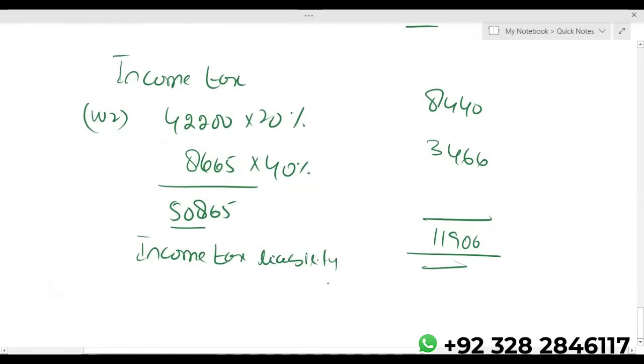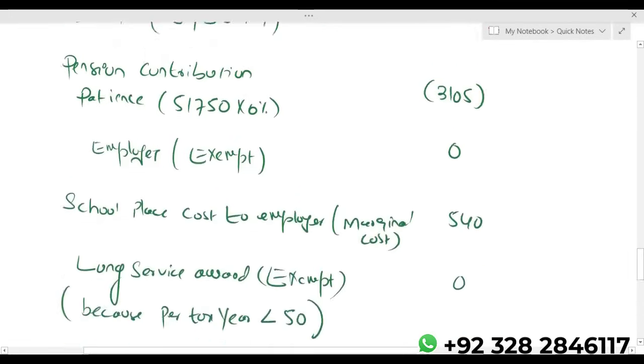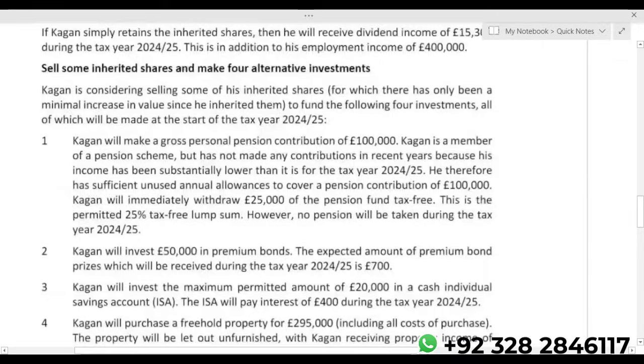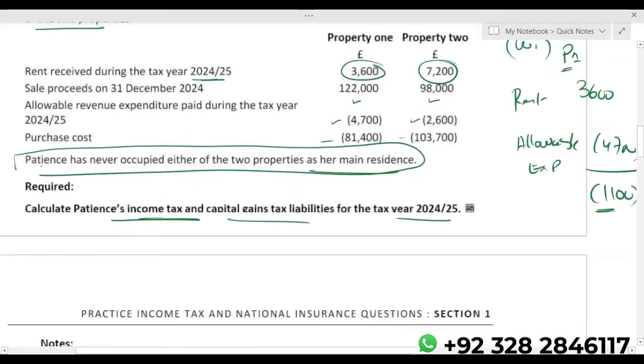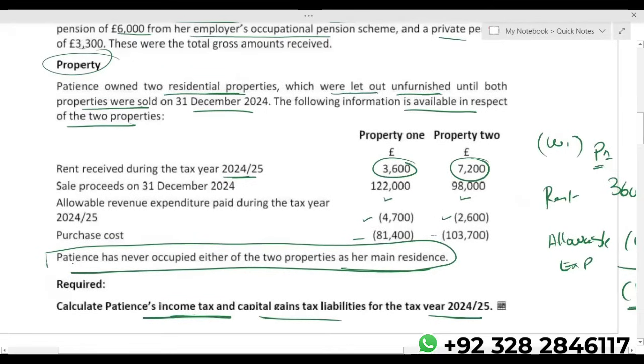Now let's go ahead for capital gain tax. Capital gain. Okay. Property 1 is sold for 1,22,000 and it has a purchase price of 81,400. So there's a capital gain on property 1.